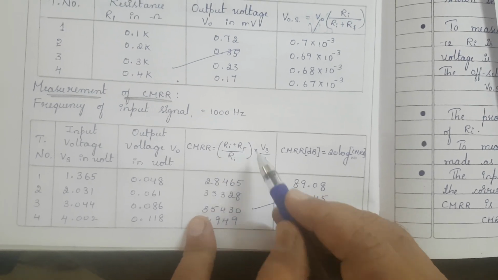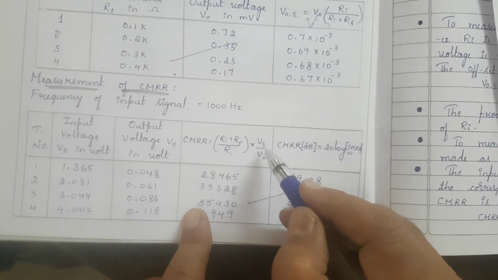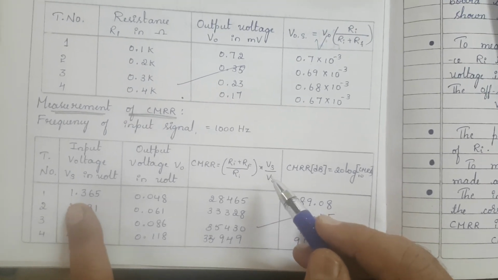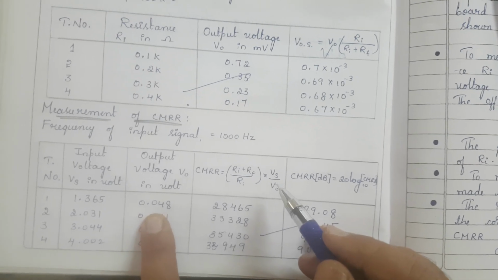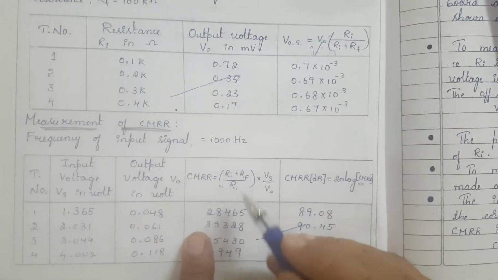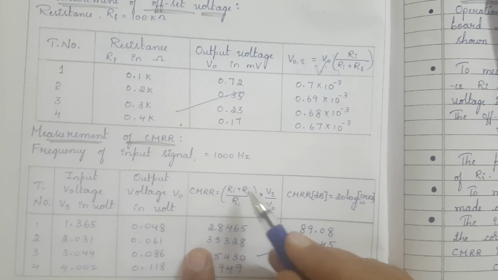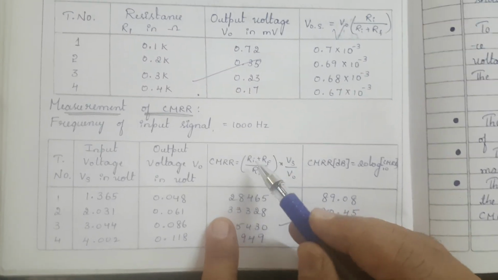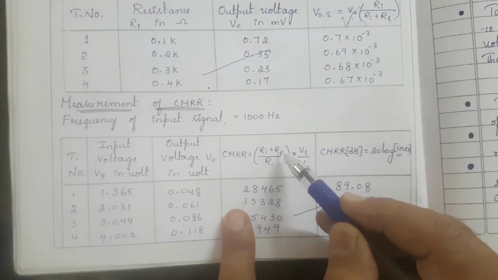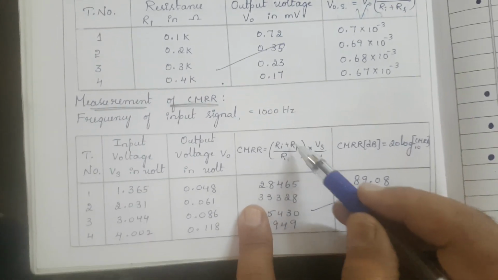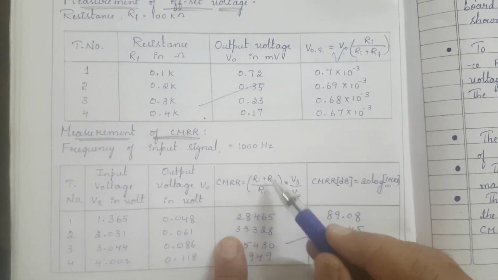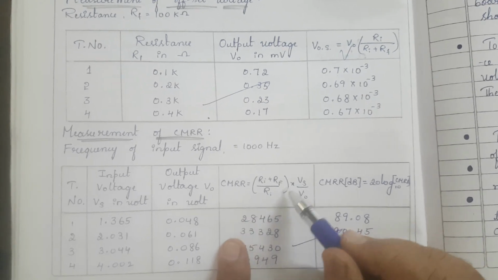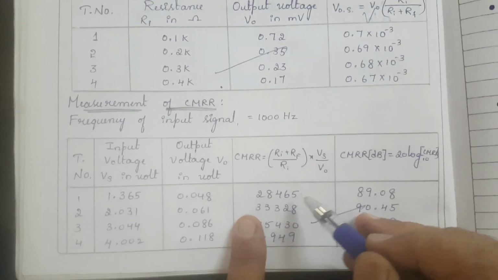This is approximately 1000, that is 10 to the power 3, into Vs upon V0. Vs is 1.365, here V0 is 0.048. So Vs upon V0 into approximately 1000, because Ri is, let us say, 100 ohms and Rf is 100K, so this will be 100.1 by 0.1, approximately 1000. So Vs upon V0 will be multiplied by this factor, and we get a very large value here.